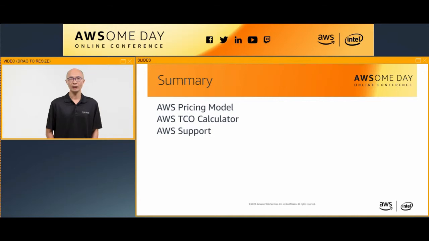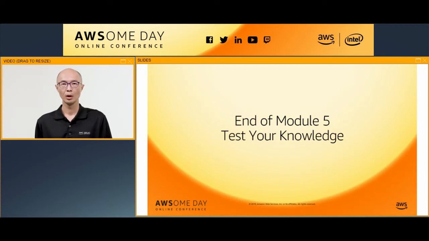For additional technical support and support resources, we provide additional plans to fit your unique business needs. We have come to the end of Module 5. Test your knowledge with the following questions.